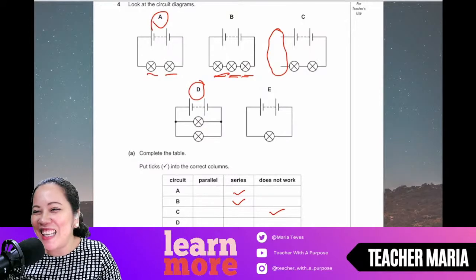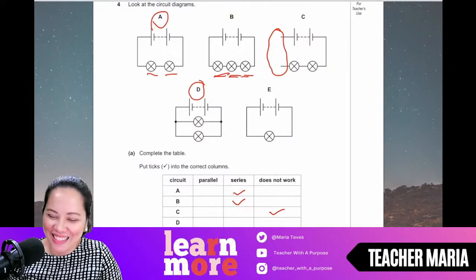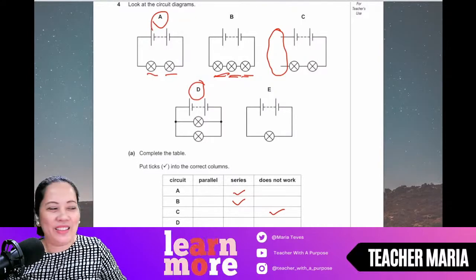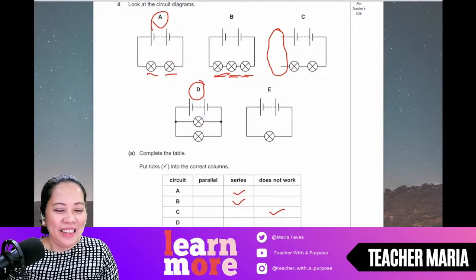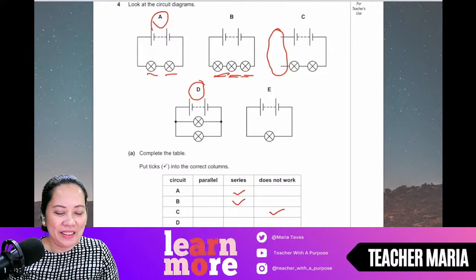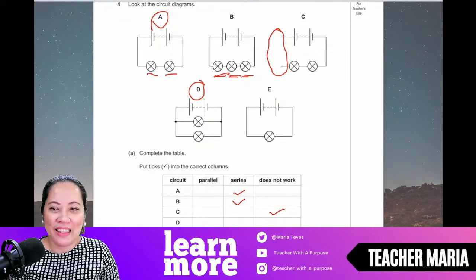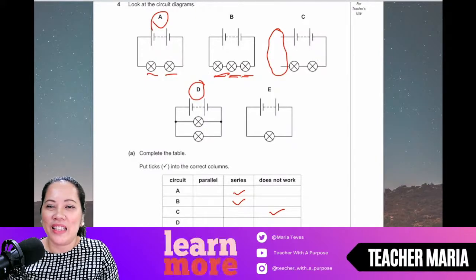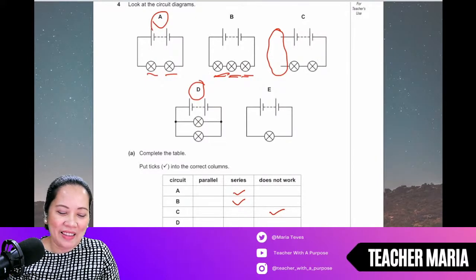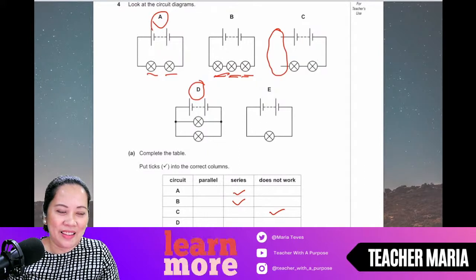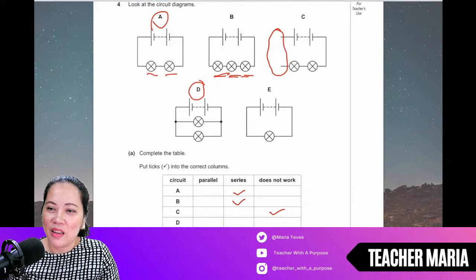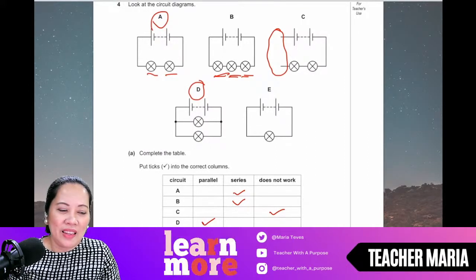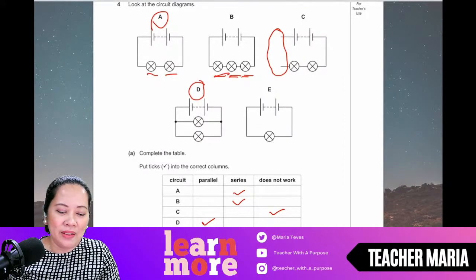Parallel. Yes, that's right. How about the last one?